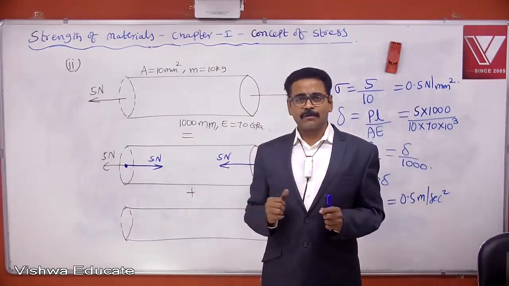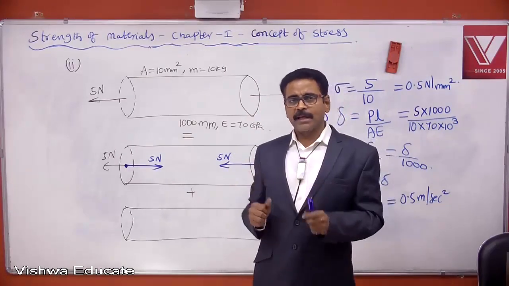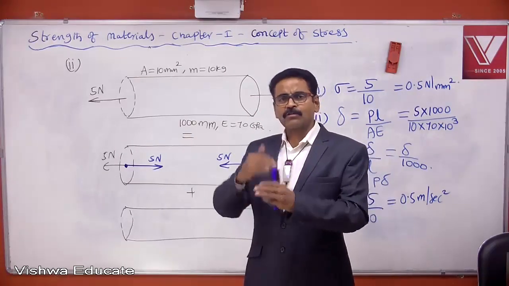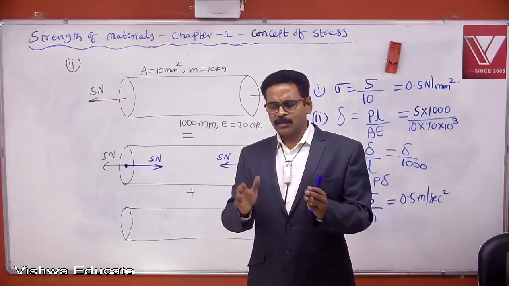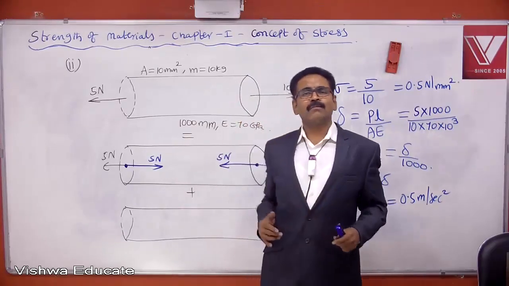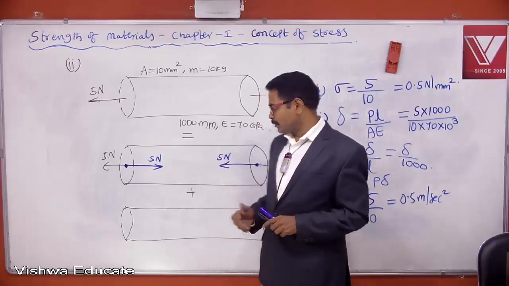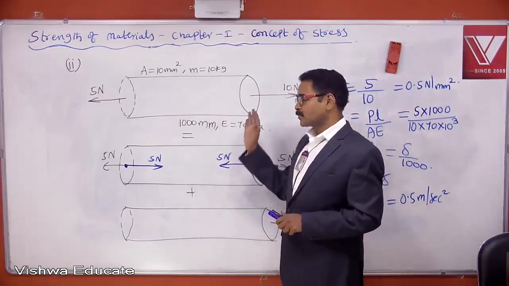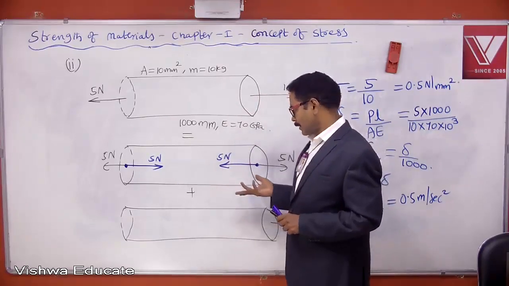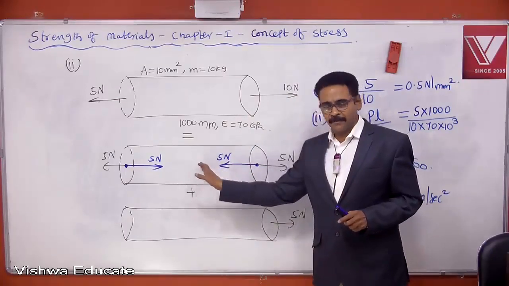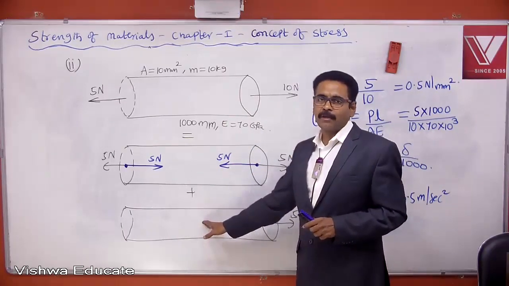In recent GATE papers, they are trying to combine different subjects. In the same problem, they are trying to combine different subjects. So this problem is a combination of SOM and engineering mechanics. This is the problem of SOM. This is the problem of engineering mechanics. Be careful.